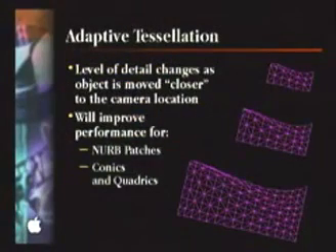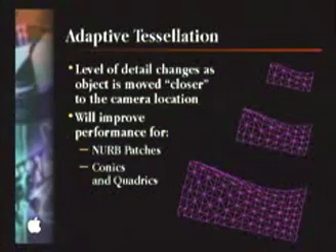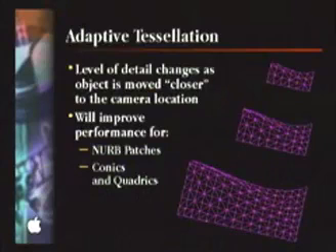Another feature that we've added is what we call adaptive tessellation. This is controlled by the subdivision style object, for those of you who are familiar with our API. This is another level of detail mechanism that allows you to change the subdivision on smoothly curved curves and surfaces, such as NURBS or the conics and quadrics, that gives you control over how many triangles we turn this into.